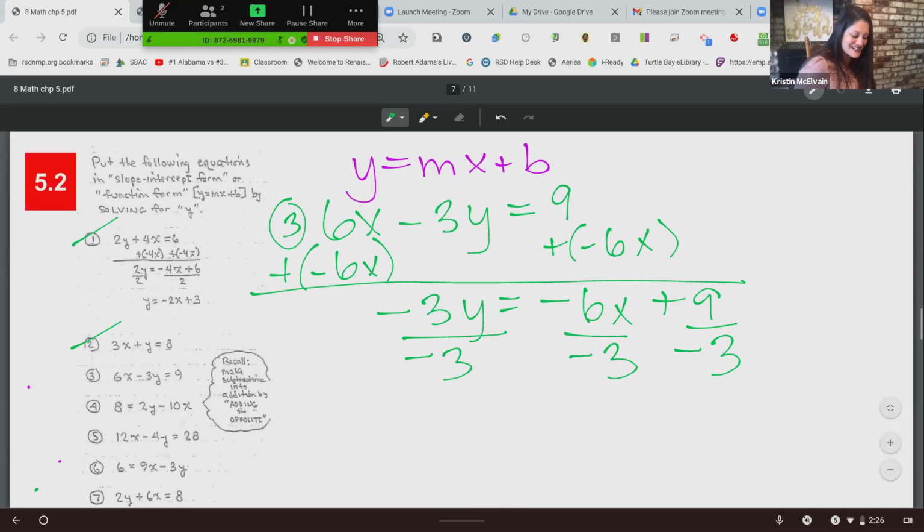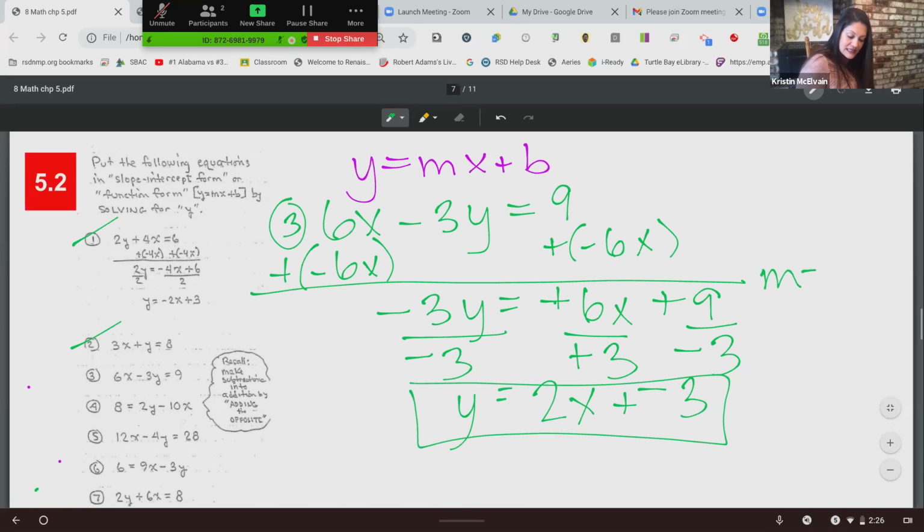All right, so this leaves us with y equals, so negative divided by a negative turns them to a positive. So that's going to be 2x plus a positive divided by a negative gives us a negative 3. Okay, so that's our equation.